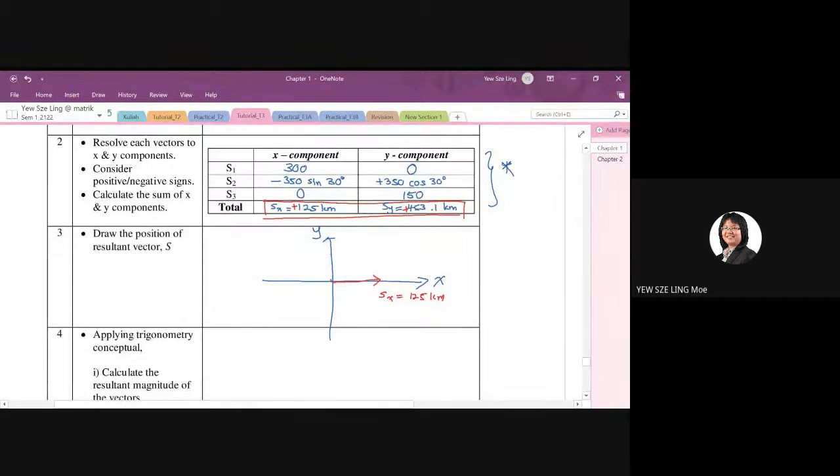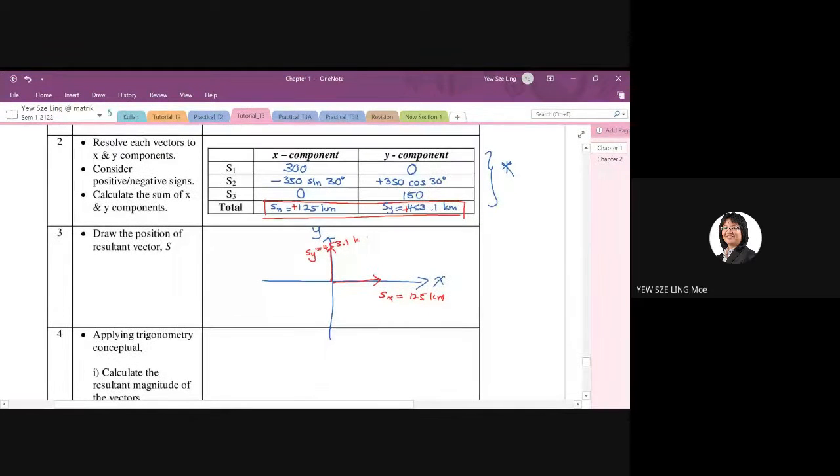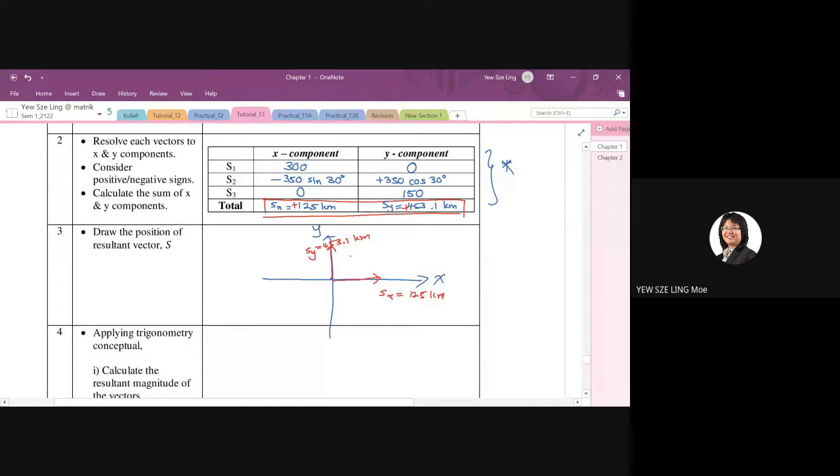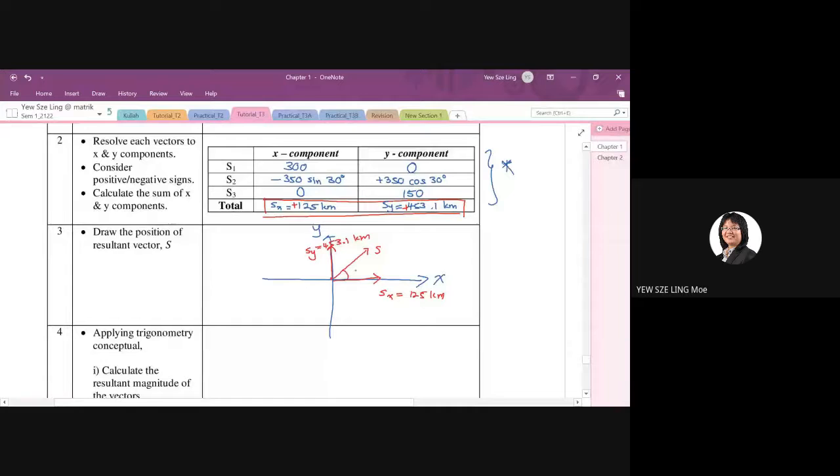So I have an Sy going up, and this Sy is equal to 453.1 km. If I combine these two vectors together, I merge them to become a resultant vector, then this would be my resultant S. So my resultant vector is located in the first quadrant according to my table. That's why I keep telling you guys, the table is very important.